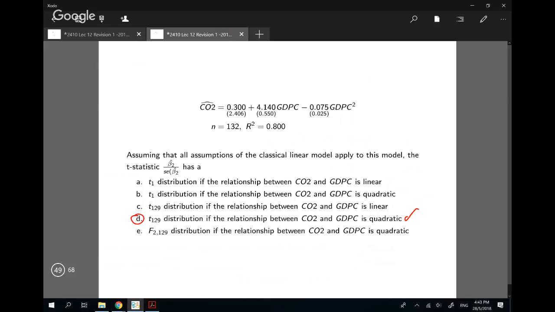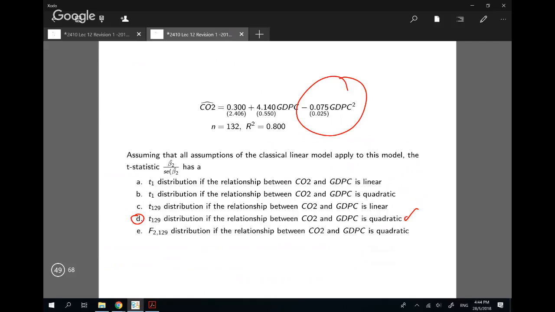You agree? Not sure. So beta 2 refers to which coefficient? This one, right. So what's the consideration here? They're asking what is the distribution under the null hypothesis.